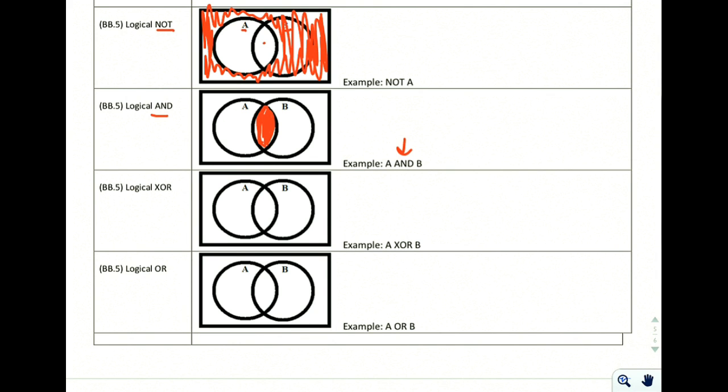Third one is one you've probably never heard of, XOR, X-O-R. It stands for exclusive OR. And the reason it's exclusive OR is because it excludes the region of overlap where both occur at the same time. Now typically in English this is actually what we mean.